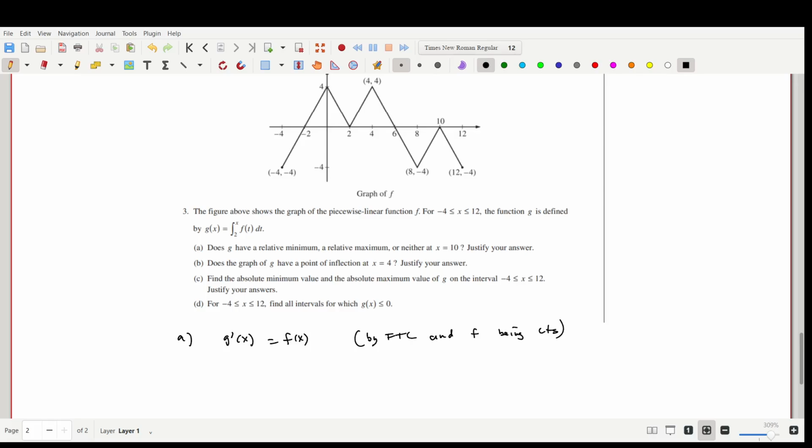But, all right, and then at 10. Well, let's see. So this is the graph of f. Should be neither. Neither, because f doesn't change sign.